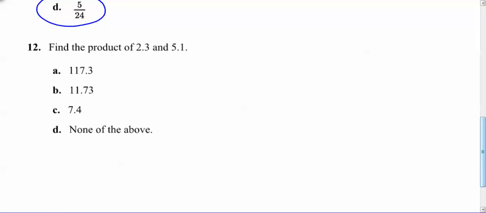All right, the next one is asking you to find the product. The key thing here is that you know what product means. That means the answer to a multiplication problem, and you need to know what to do with these decimals. A lot of kids just want to drop the decimals straight down, and what you need to do is multiply these out and then count the number of decimal places over for multiplying.